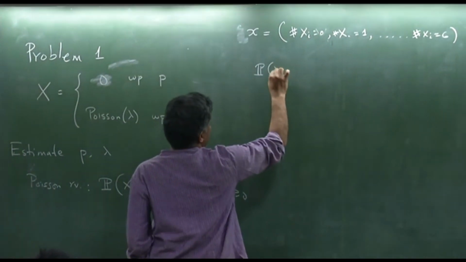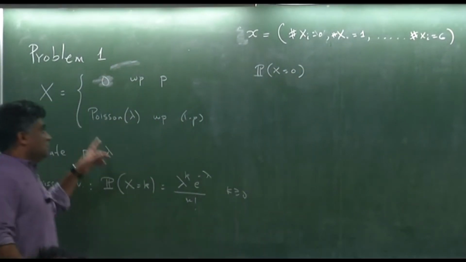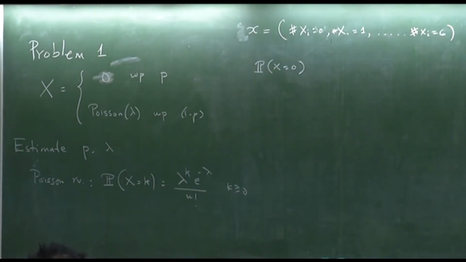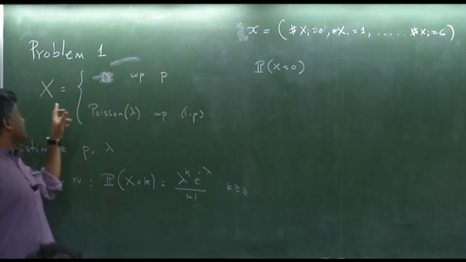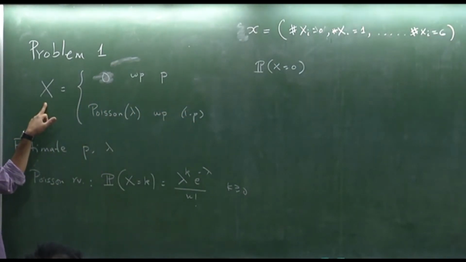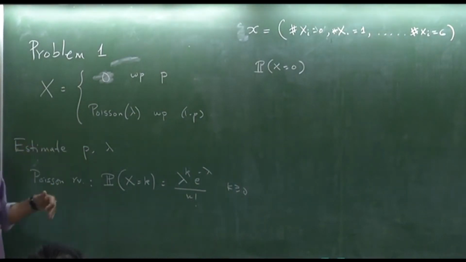What is the probability that x is equal to 0? From this particular model, what is the probability that x is equal to 0? If this is my generating model and that's my random variable x, what is the probability that I see x is equal to 0? No, it's not p. P plus what? Yeah, but you're now in the position of telling me exactly what that answer is rather than telling me the formula.